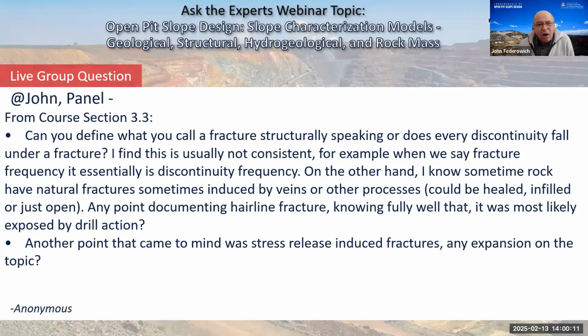A common method is criteria such as the smoothness of the fracture, or whether there are lineations on the fracture that indicate movement. The other characterization would be if there are coatings on the fractures, then they're natural fractures.